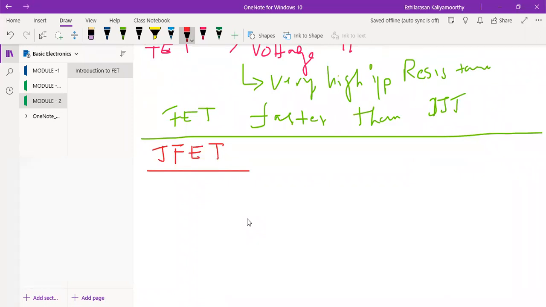The JFET is a junction field effect transistor.